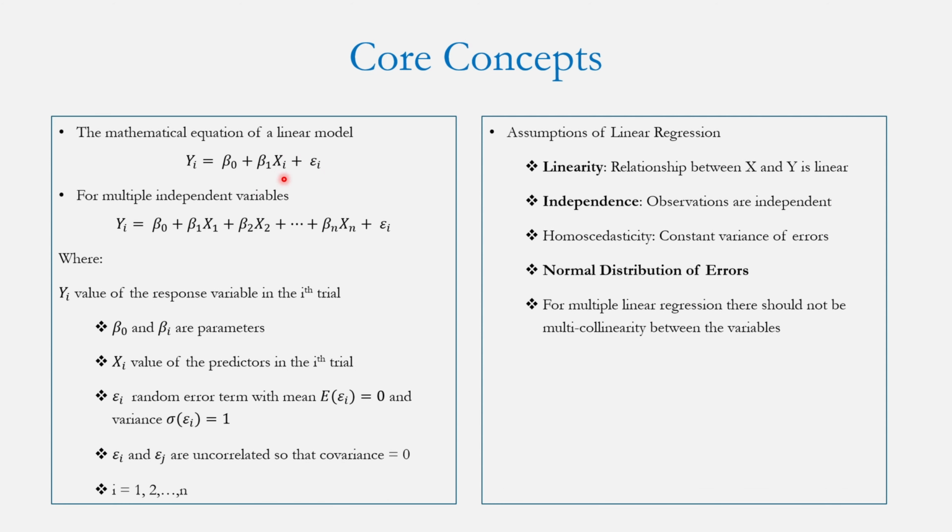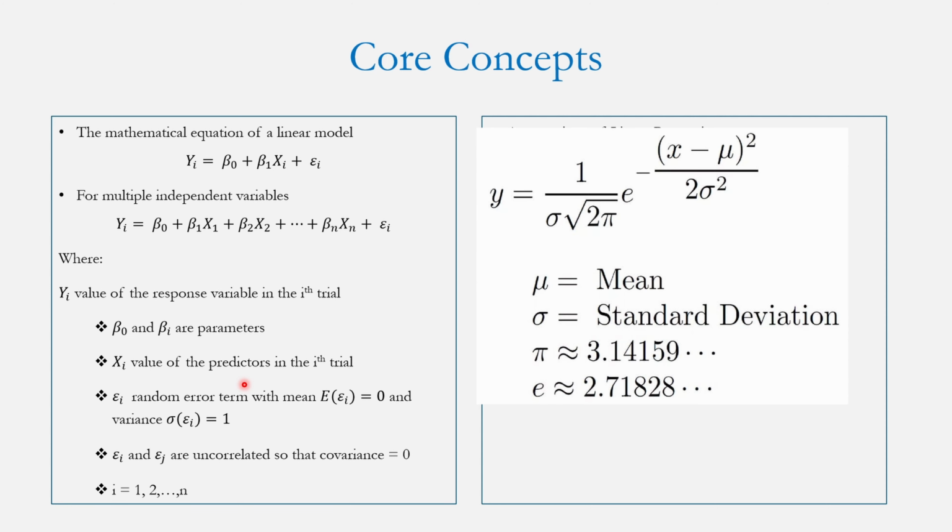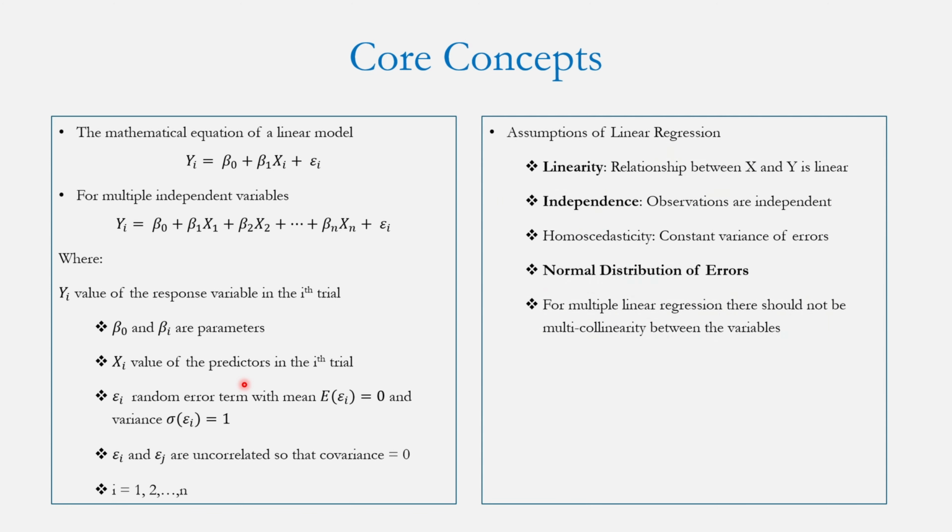The most important parameters that we'll require to build our model are beta naught and beta 1, and we will see how we compute them. And then of course xi are the predictors, the independent variables, while ei are the random terms, and we are assuming that they follow a standard normal distribution, meaning that the mean is 0 and the variance is 1, and this builds up to the assumptions that we are making in the model.